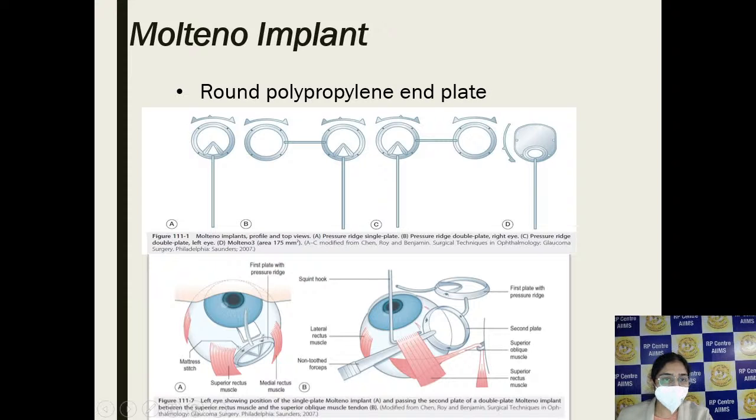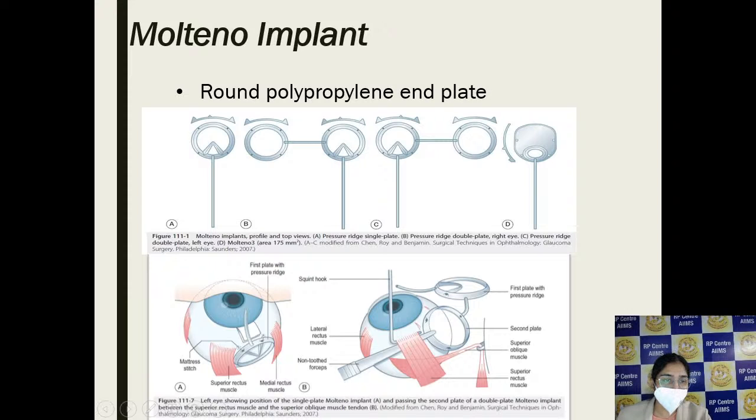Now the Molteno implant has a round polypropylene end plate. This is a modified version where there is a V ridge, and this V ridge creates a kind of resistance, so in the immediate post-operative period there will be fewer chances of post-operative hypotony.